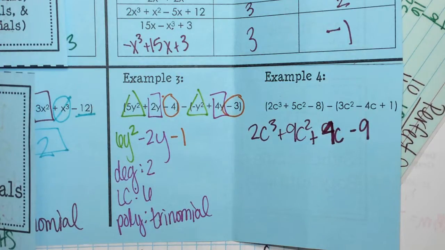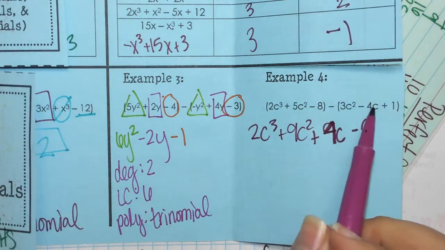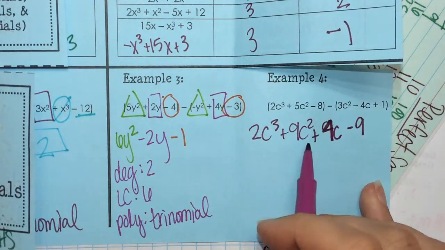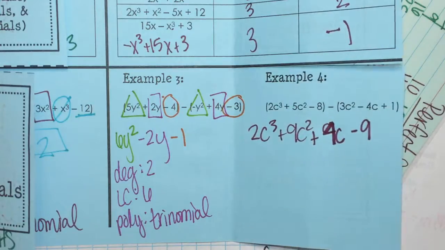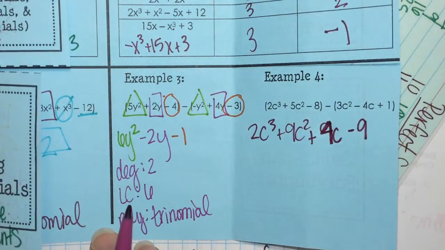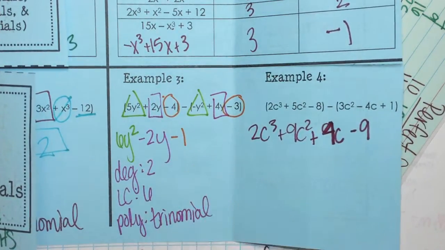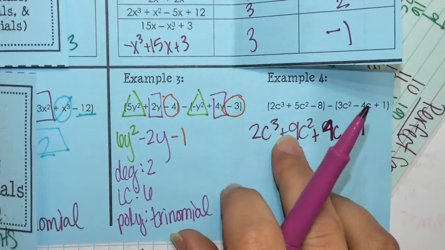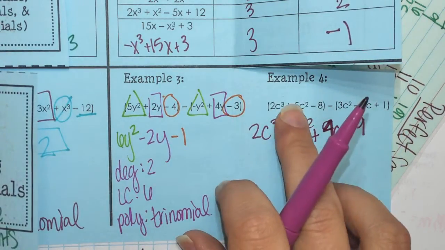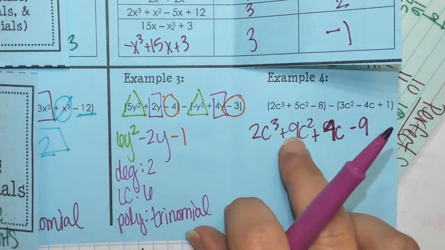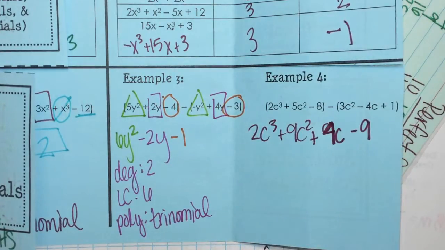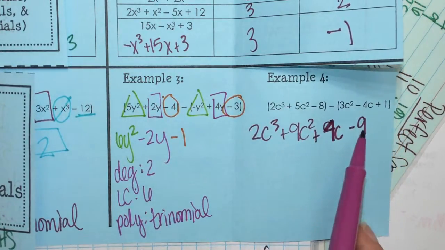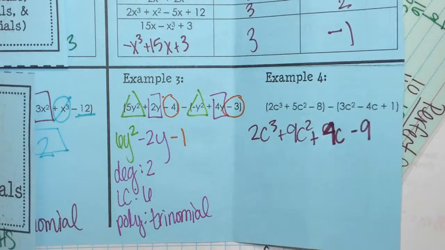Because it's minus a negative, and minus a negative makes it a plus. Allie, what was your question? How did you get 9? Because it's 5 minus a negative 4, and that gives you 9. And then this 9 is from negative 8 minus 1.